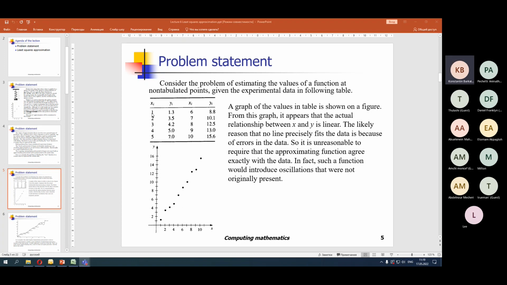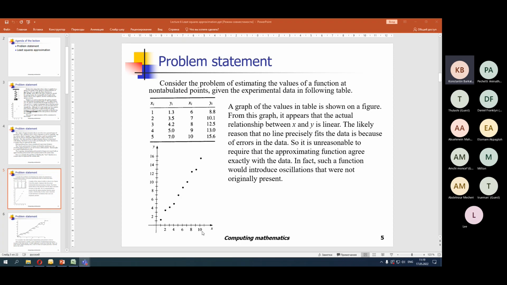When x equals 1, y equals 1.3, when x equals 2, y equals 3.5, and so on. We have 10 points. The last point is 10, and the value y at this point is 15.6.